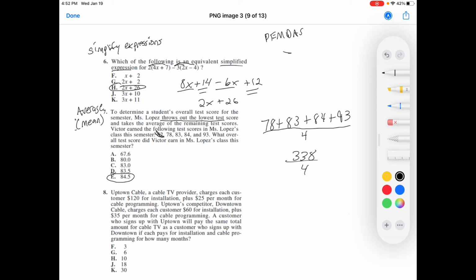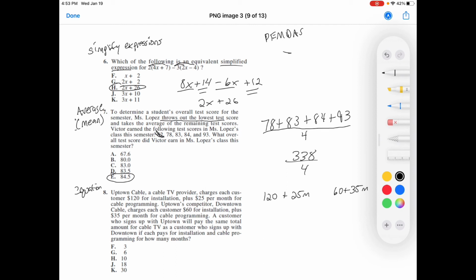Okay, number 8. We could solve this like an equation question, is one way to do it. So you can make an equation for one company, Uptown Cable. They charge $120 plus $25 per month. And the other company, Downtown Cable, charges $60 for installation plus $35 per month.